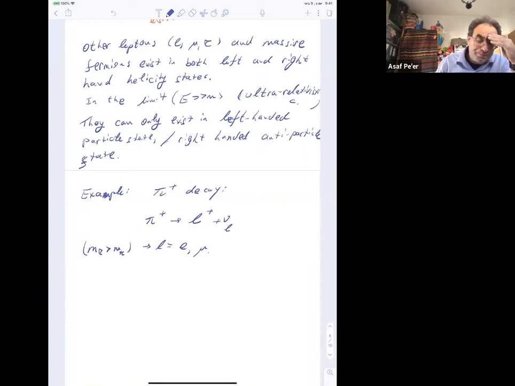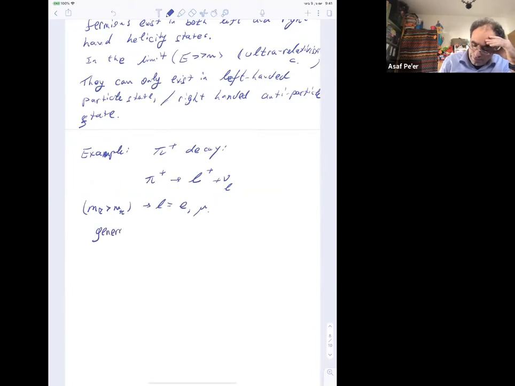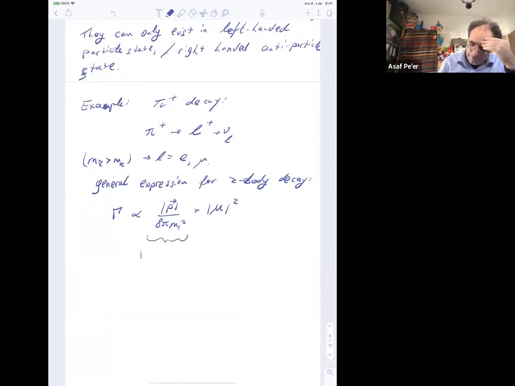Now remember that we derived the general expression for the 2 body decay. Gamma goes as P, the momentum, over 8 pi m1 squared, times the matrix element squared. This is the phase space, and this is the amplitude.